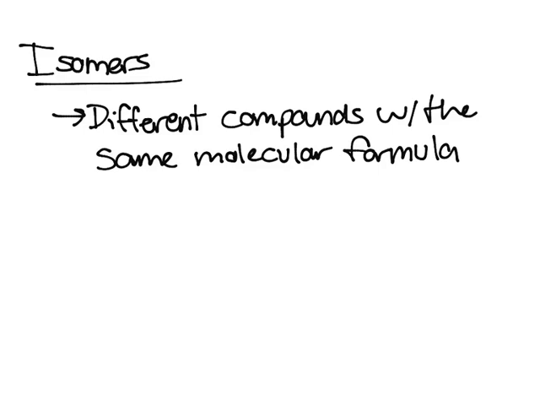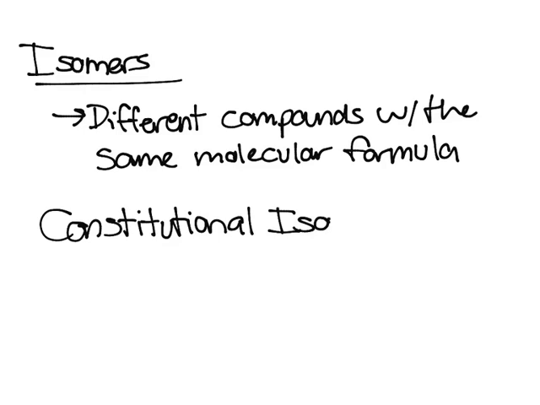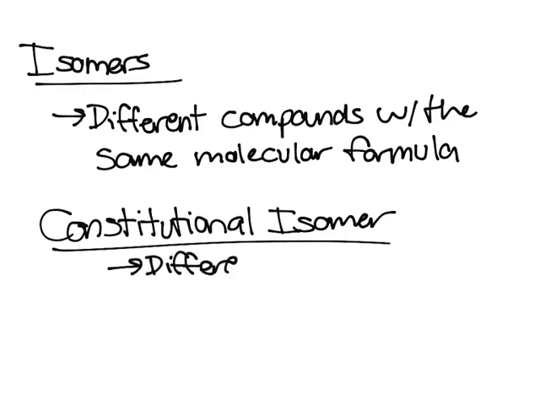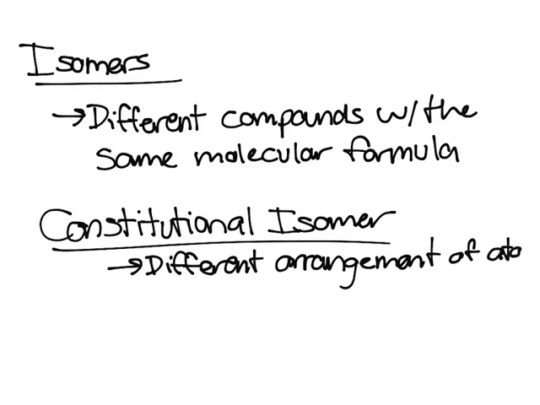And so there is a type of isomer called a constitutional isomer. And what that is, it has different arrangements of atoms.